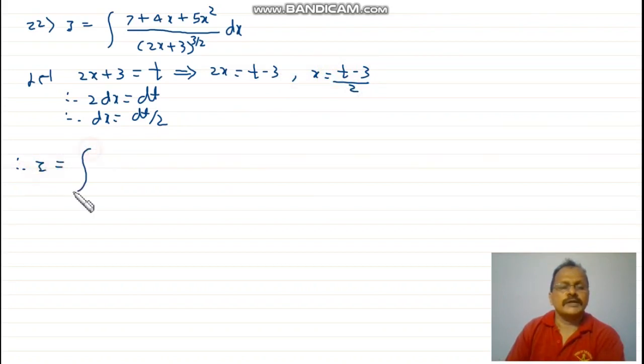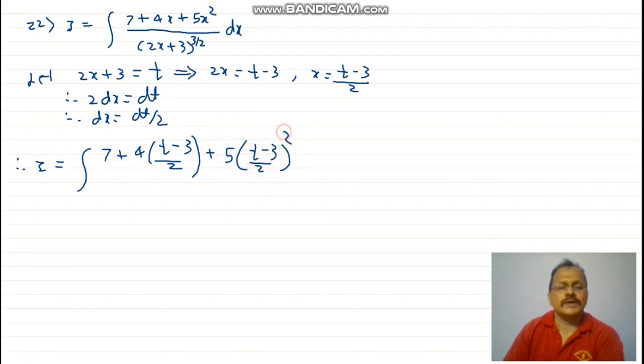and therefore I is equal to integration 7 plus 4 times t minus 3 upon 2 plus 5 times t minus 3 upon 2 bracket square divided by t raised to 3 by 2 dt upon 2.